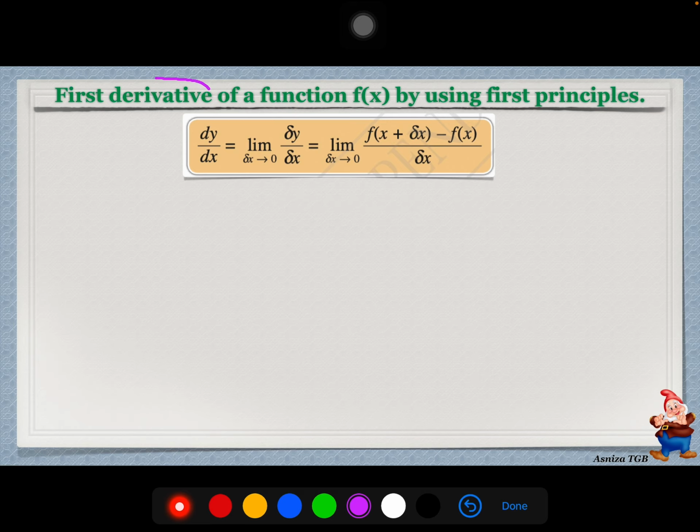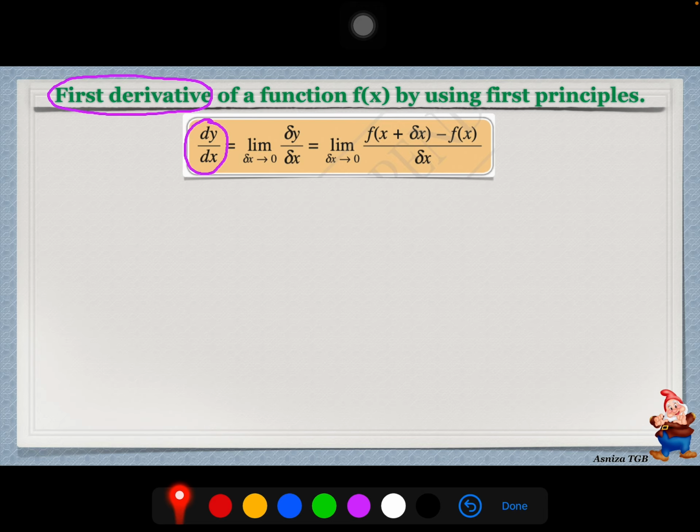The first derivative means dy/dx. dy/dx is a command to differentiate function y with respect to x. So dy/dx is called the first derivative.